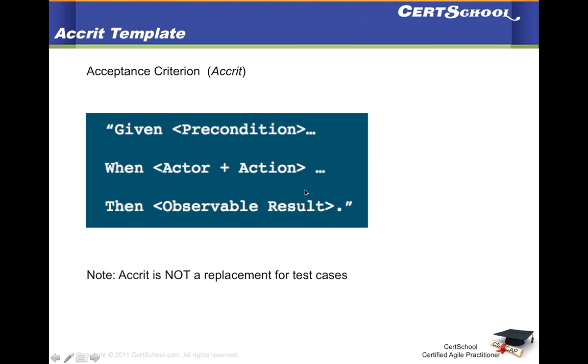So acceptance criteria. Okay, why do we need acceptance criteria first? Let me just talk about that a little bit before we look at this template. The acceptance criteria becomes a starting point for the QA engineering or QA team. Okay, they understand what is really expected at the end of the completion of the story. Okay, so the story description itself does not describe that, but the acceptance criteria does.